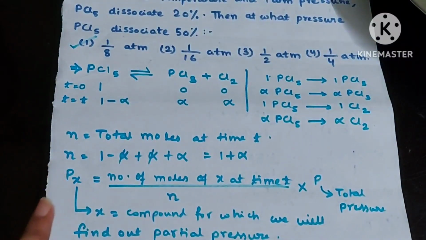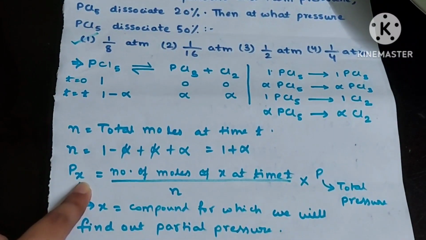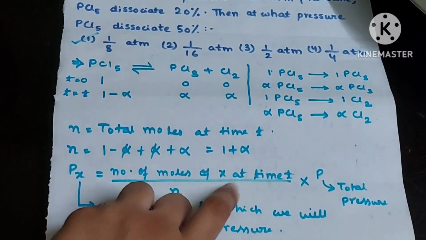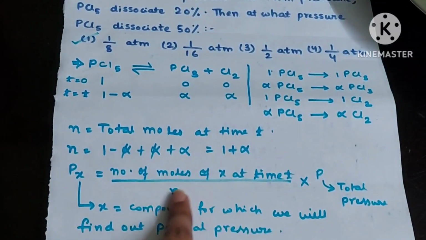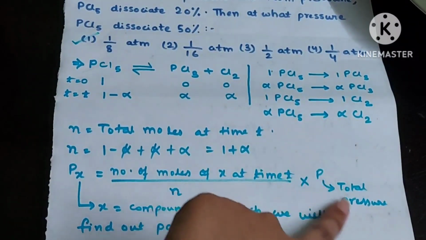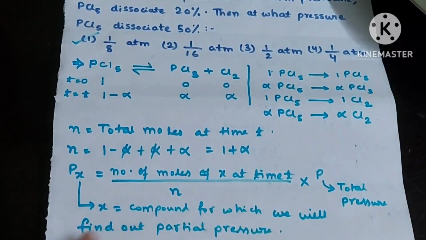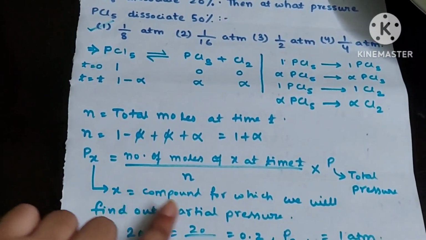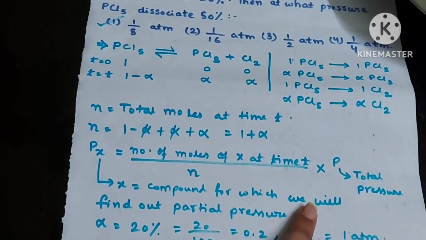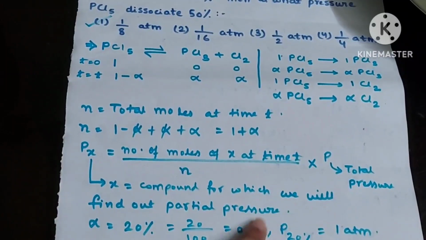Then Px is partial pressure. What is the formula of partial pressure? Number of moles of x at time t by total moles into total pressure. Here P is total pressure, and x is the compound for which we will find the partial pressure.